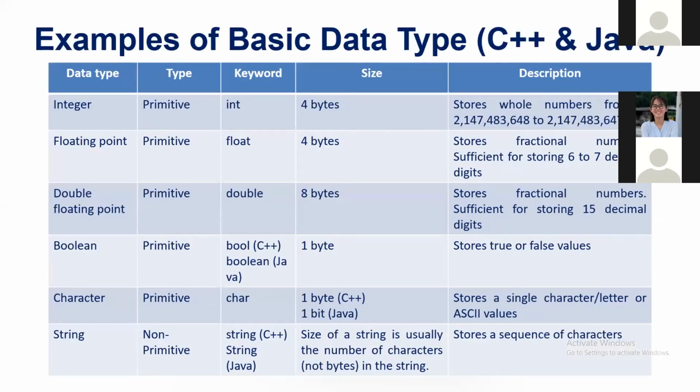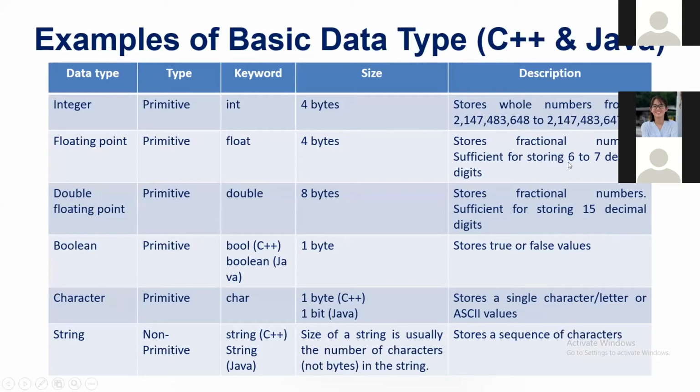Next are examples. These are the examples we have for C++ and Java. First is the integer, which is a whole number. Floating point is for decimal values, and so is double, but the size used to store the decimal value is different.